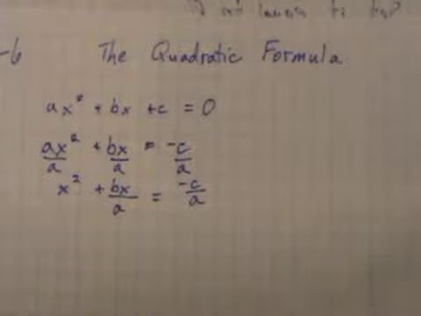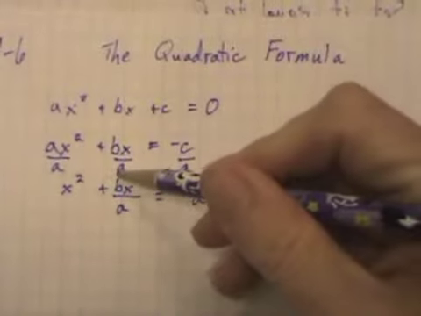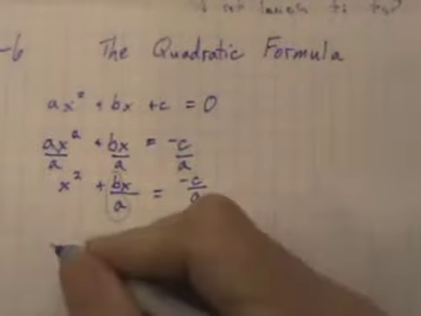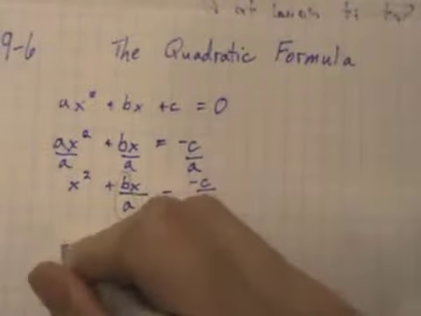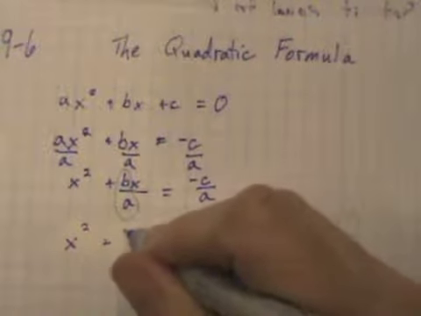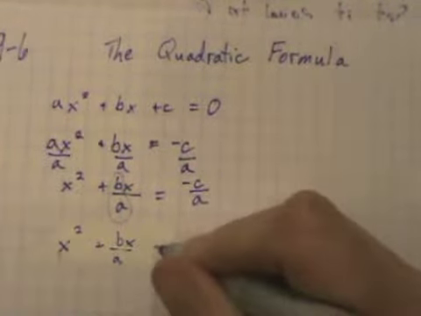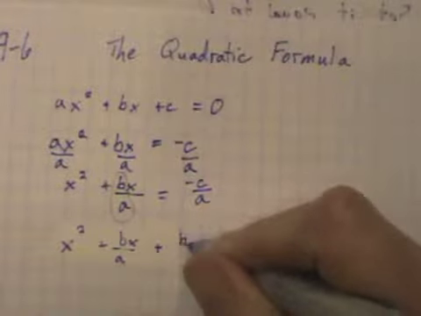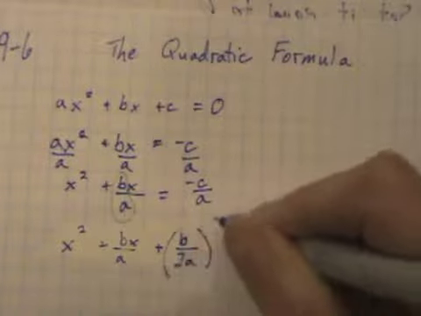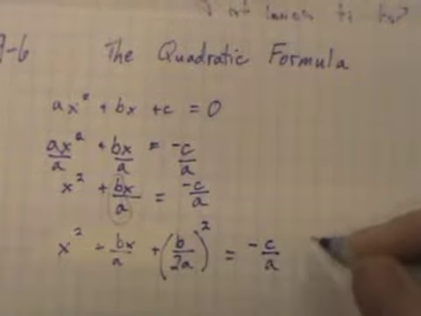You may recall that we need to take our b term, which is now b over a, and do like this. And if we add it to one side, we need to add it to the other.